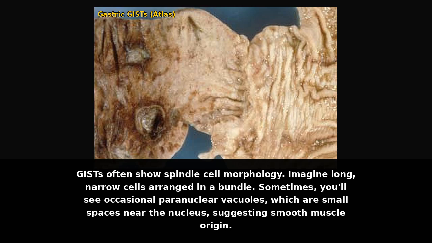GISTs often show spindle cell morphology. Imagine long, narrow cells arranged in a bundle. Sometimes you'll see occasional paranuclear vacuoles, which are small spaces near the nucleus, suggesting smooth muscle origin.